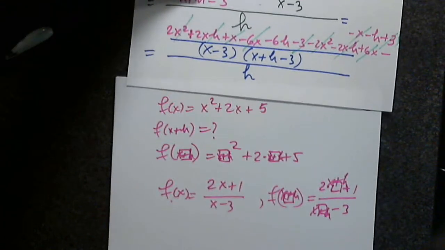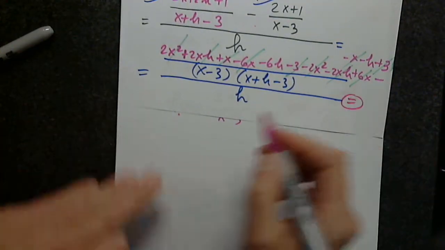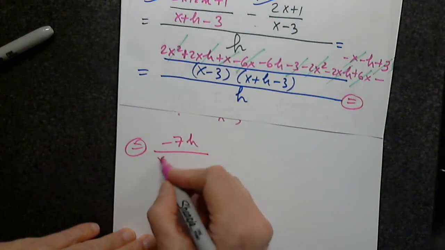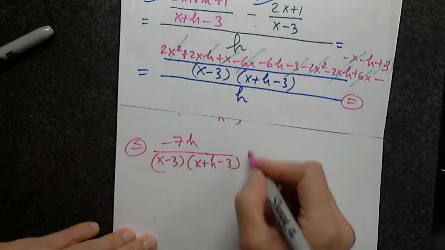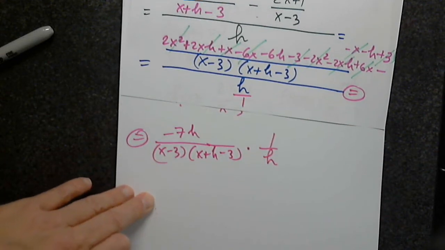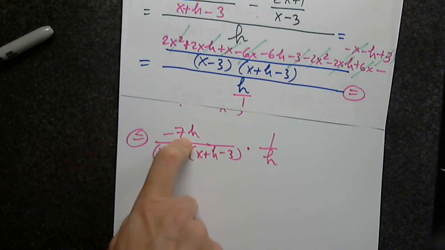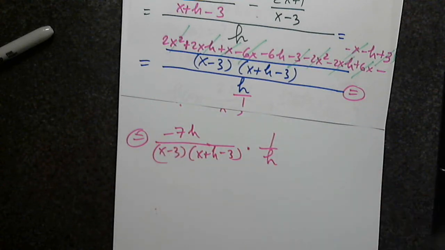So then the numerator is? Perfect. Divided by (x − 3)(x + h − 3). And I flip this: this was h over 1, times 1 over h. So indeed, all terms without h went away, and even some extras.